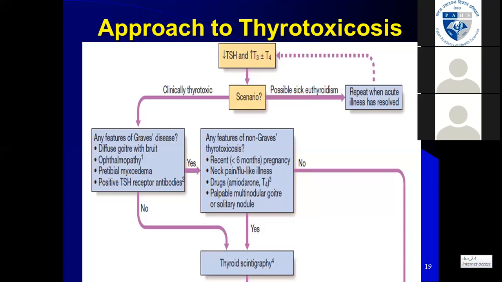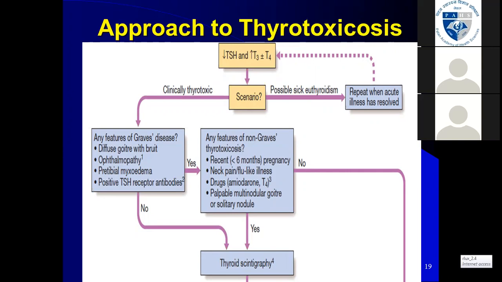So if it is present, then any features of non-Graves thyrotoxicosis, we have to rule out, like less than 6 months pregnancy, neck pain, or flu-like illness. Is the patient having drugs like amiodarone, or is the patient taking synthetic thyroxine? Is there any palpable multinodular goiter or not, or solitary nodule? Then, if it is there, thyroid scintigraphy should be done.